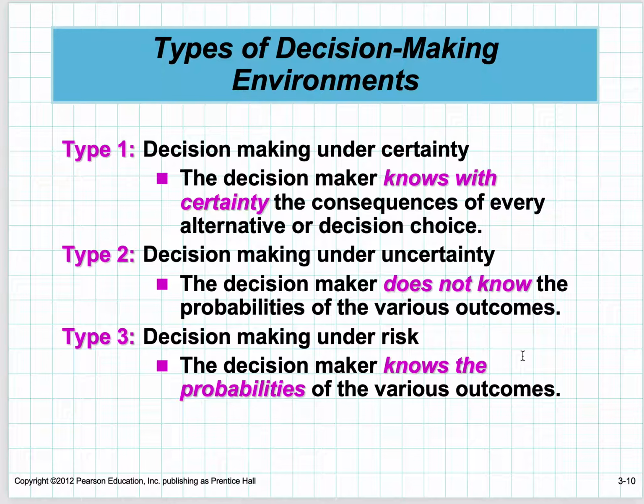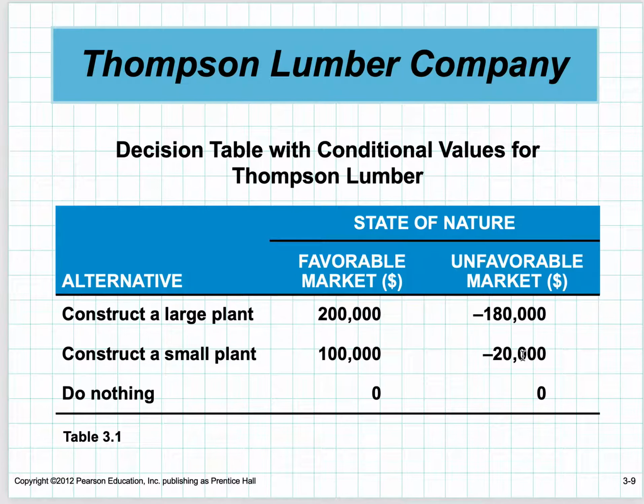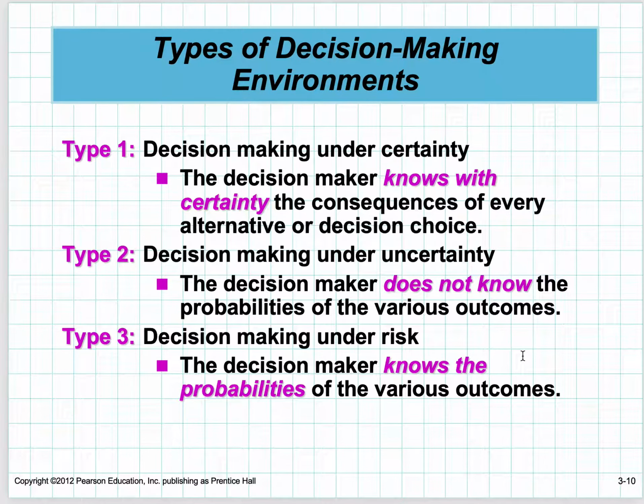So decision makers under certainty. The decision maker knows with certainty the consequences of every alternative or decision. Well, that's the case here, because if we look here, we have bona fide numbers and no probabilities. So how often do we know everything with certainty? That's a debatable thing.